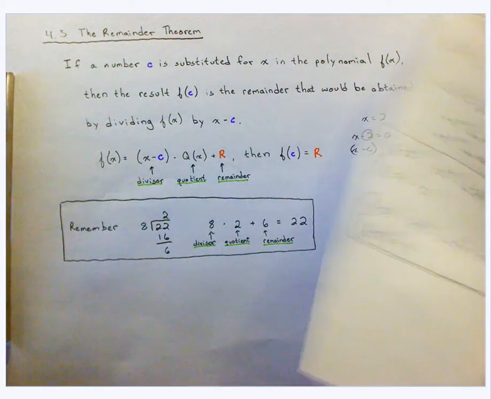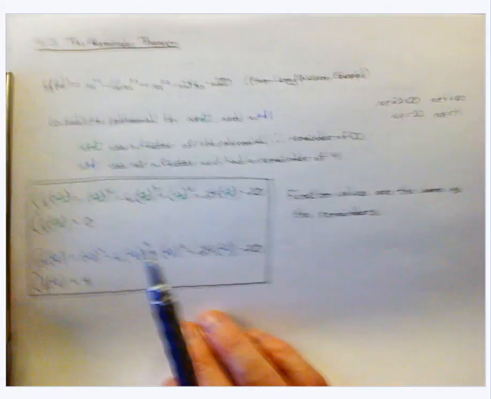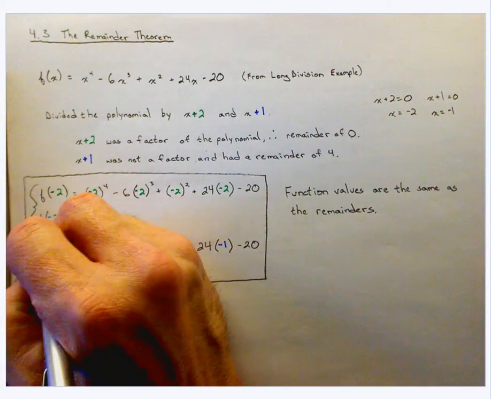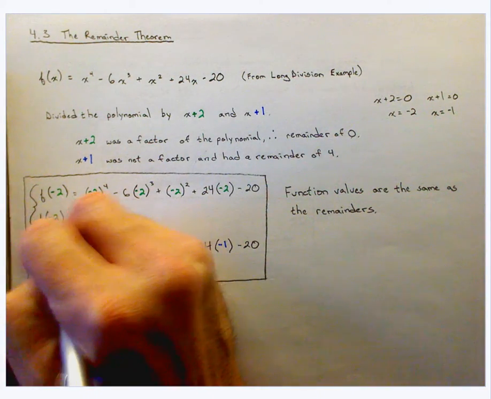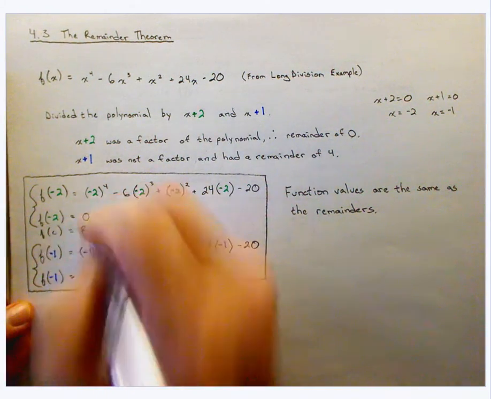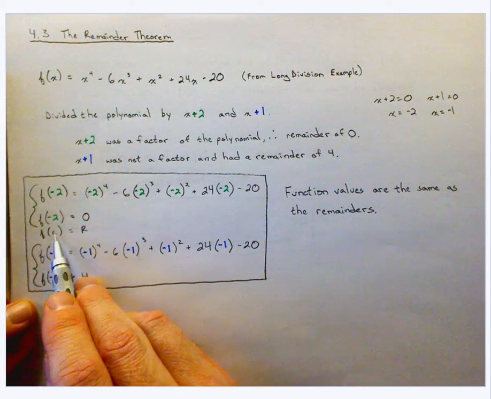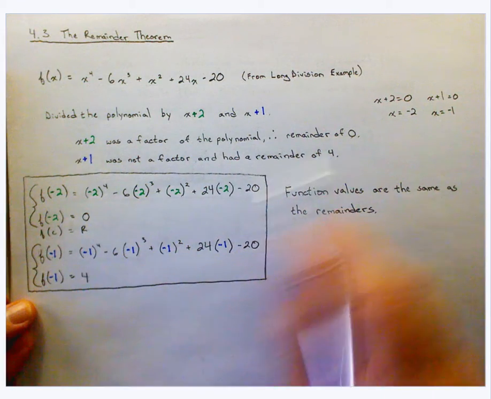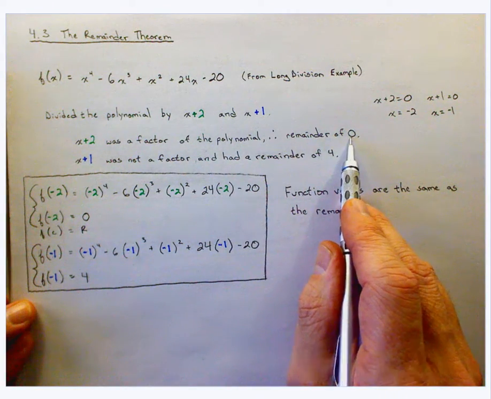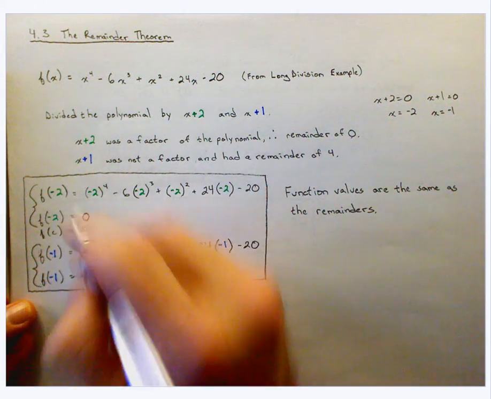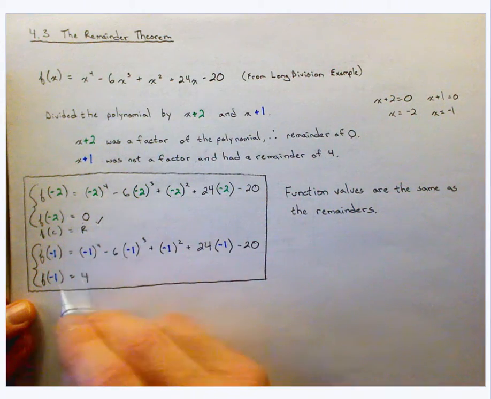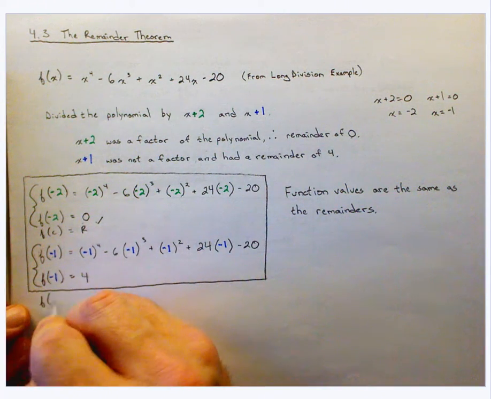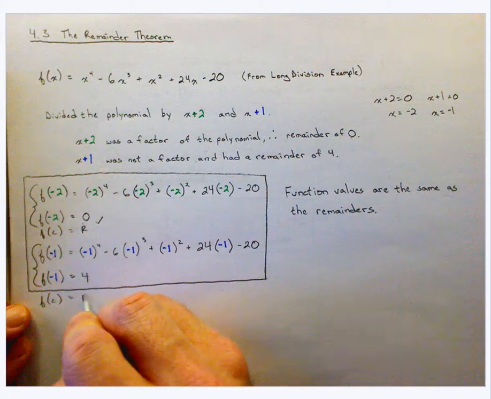And to reiterate that point, f of c equals r. This is what I have here. F of c equals r. My c value is negative 2, so x plus 2, and my r value, the remainder, was 0. This is what we've shown. Same here. If I have that as f of c, it will equal the remainder.